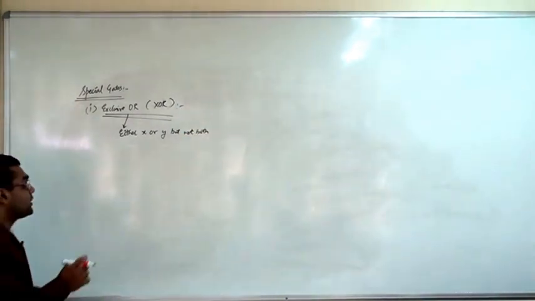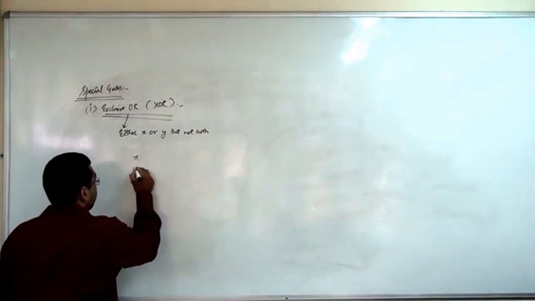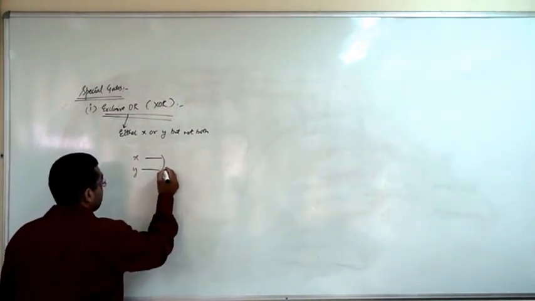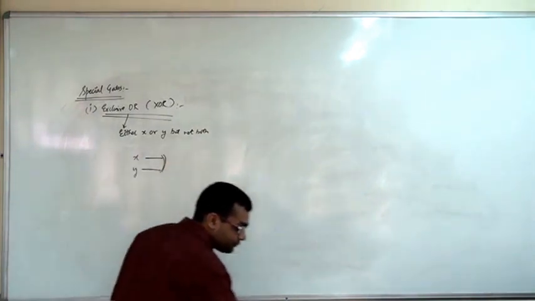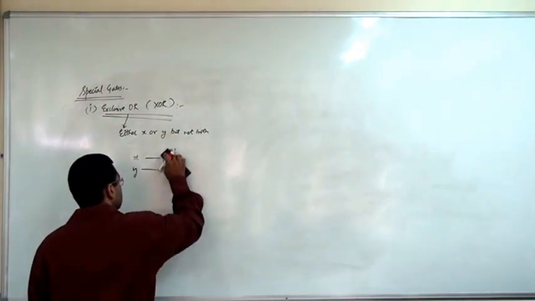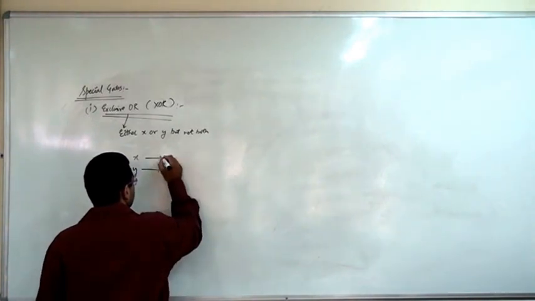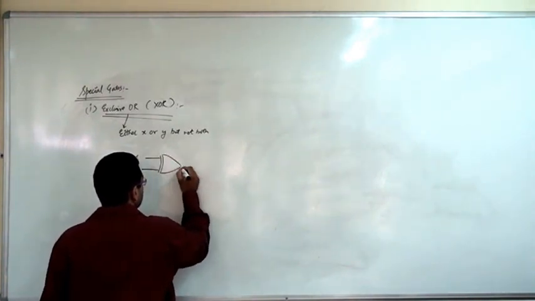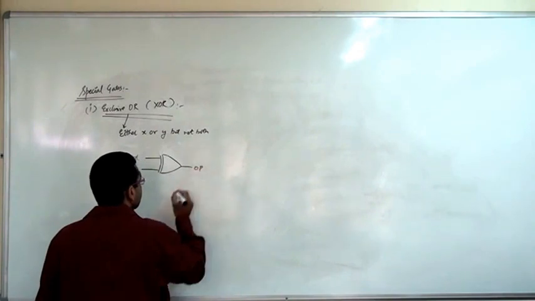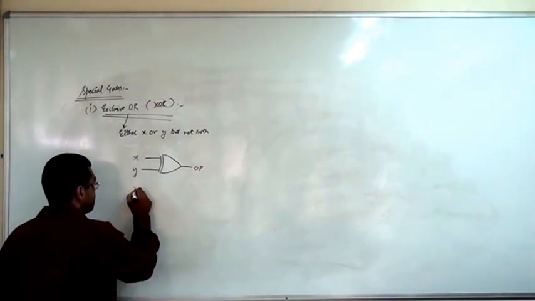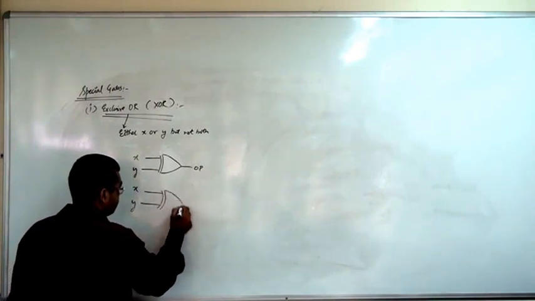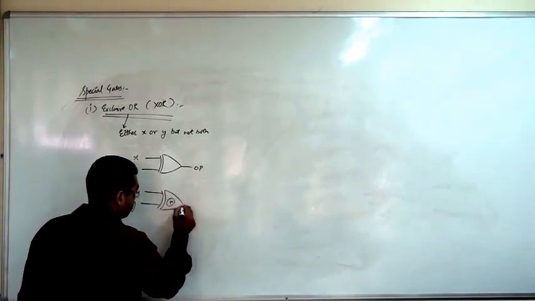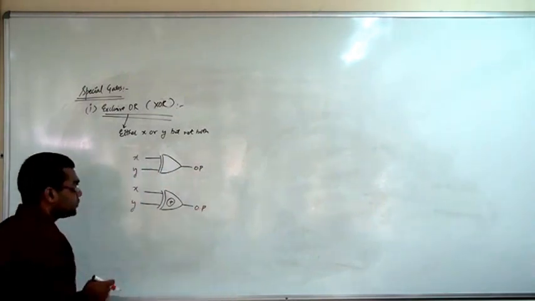So I have X and Y. Some books take this as the convention of drawing the circuit, and some places I have seen it like this. So both are correct.